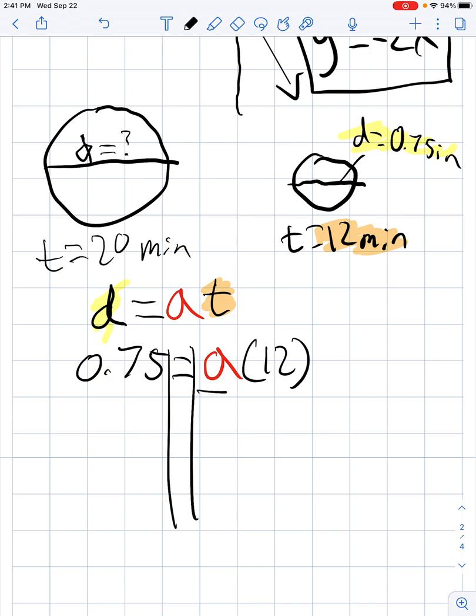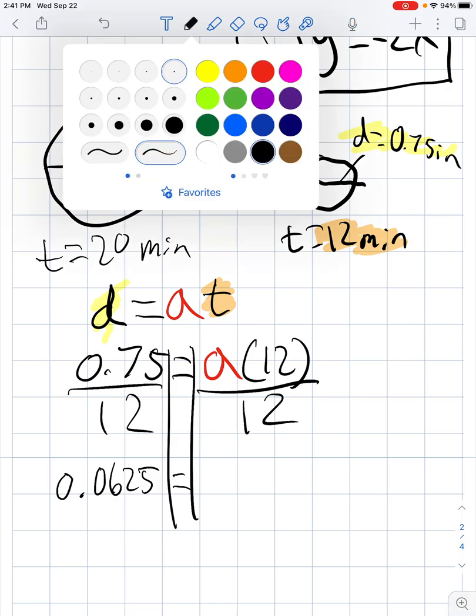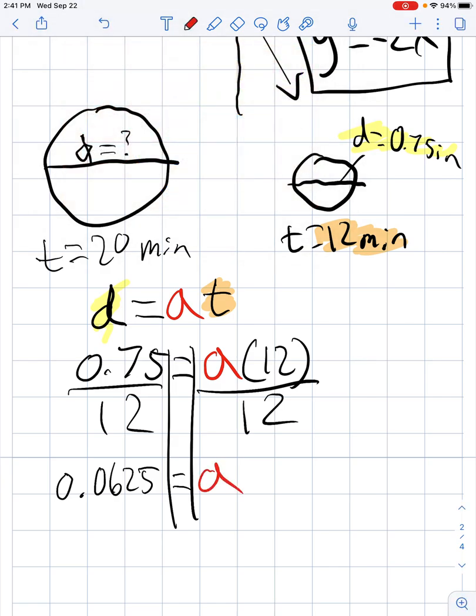So again, how do you undo multiplication? With division. 0.75 divided by 12 equals 0.0625. So see here, my constant of variation is 0.0625.